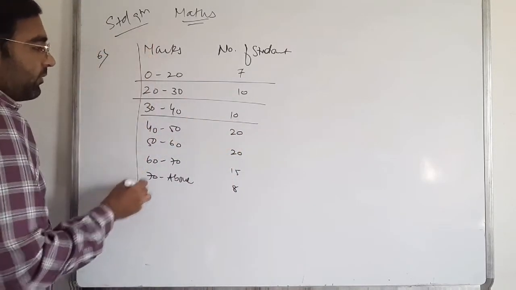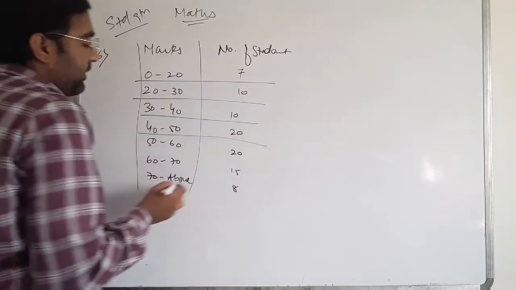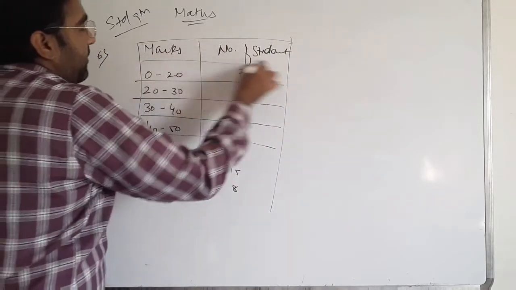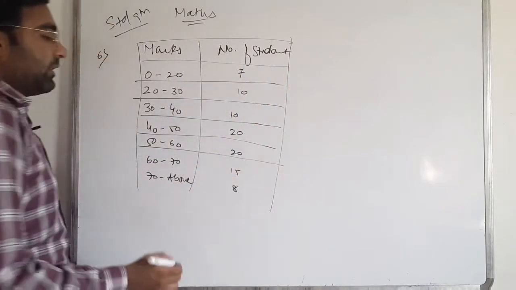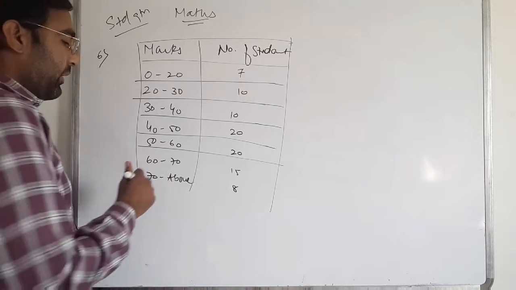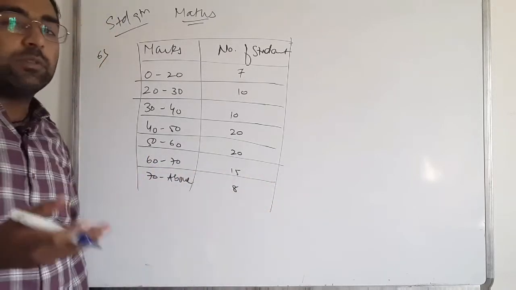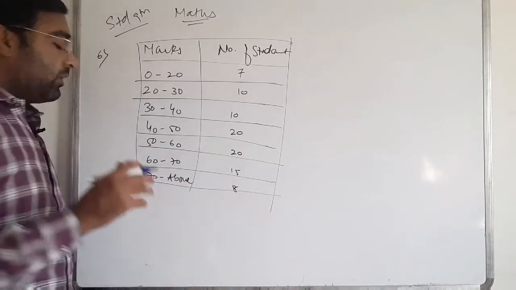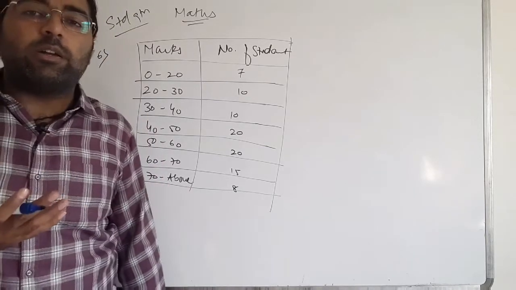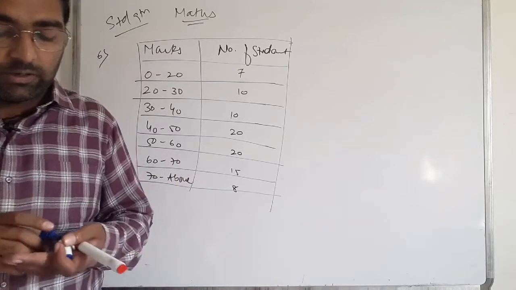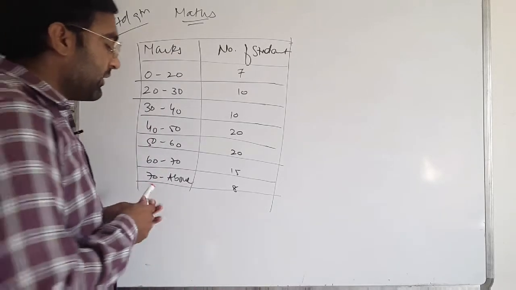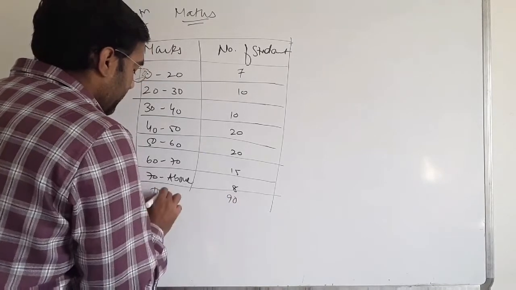Another 10 students got between 30 and 40. 20 students got between 40 and 50, and another 20 students got marks from 50 to 60. 15 students got between 60 and 70, and 8 students scored 70 or more. The total is 90 students.